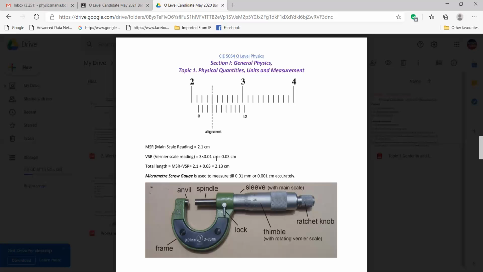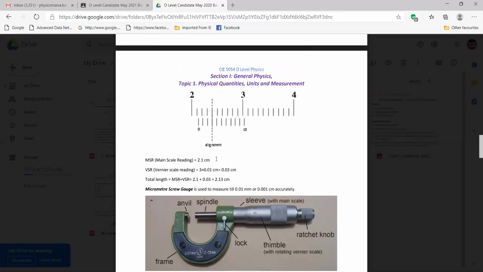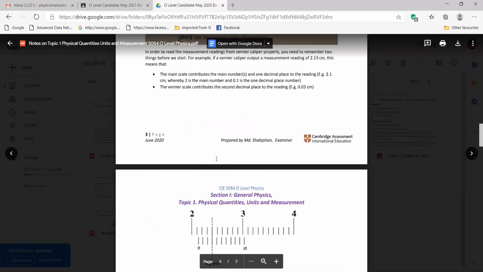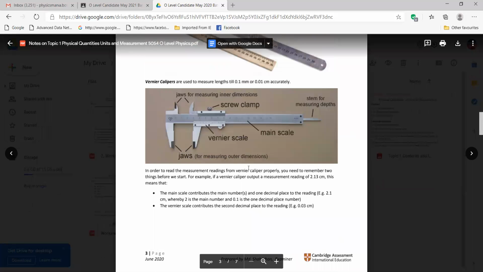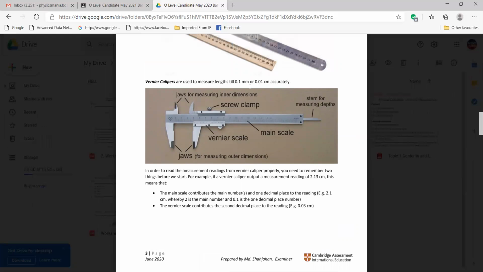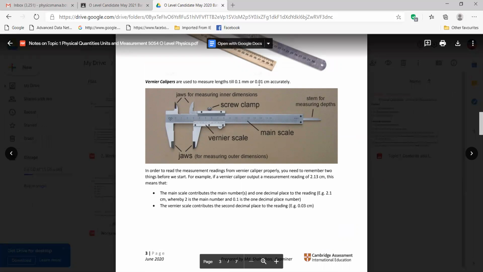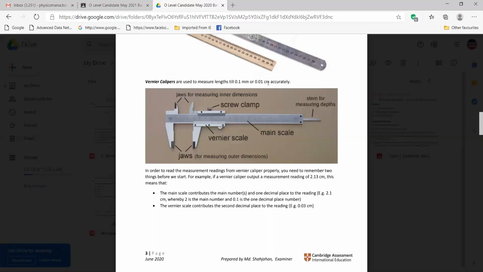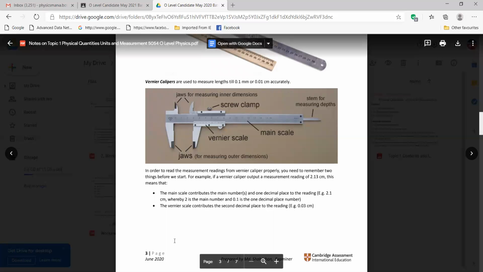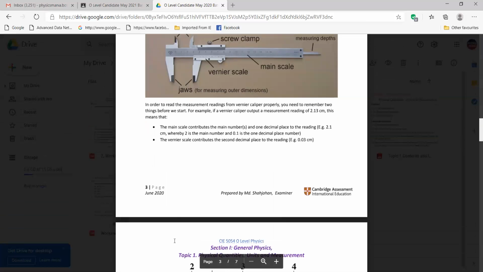From where did we get this 0.01? This is the vernier constant, right? Yes, sir. How did we get this vernier constant? From here, right? Because vernier calipers can measure accurately till 0.01, right? Yes, sir. That 0.01 centimeter we are multiplying with 3.